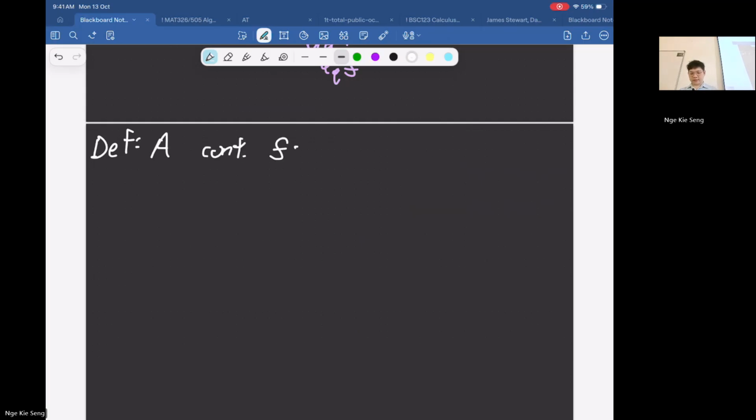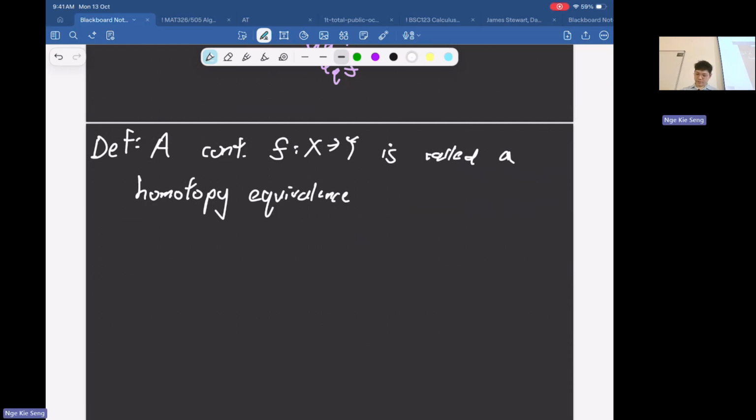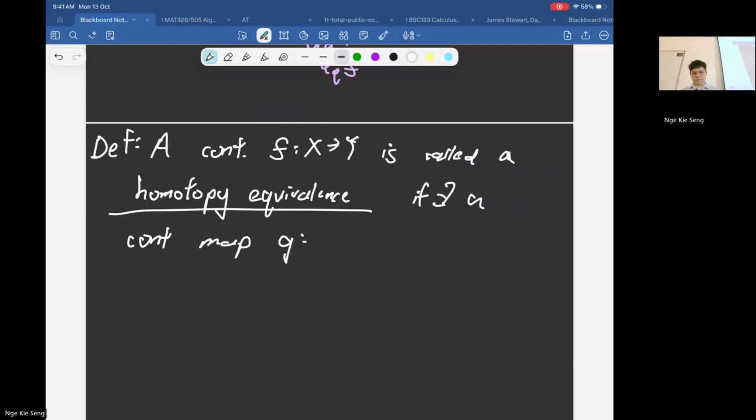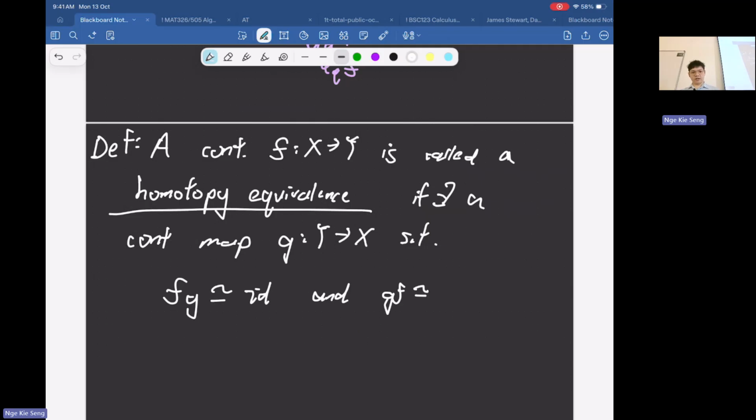There's a special type of continuous map, which is called a homotopy equivalence, if there exists a continuous map g such that f g is homotopic to the identity and g f is homotopic to the identity.